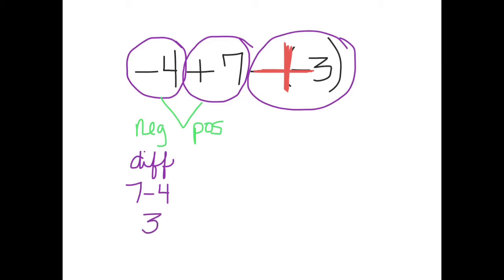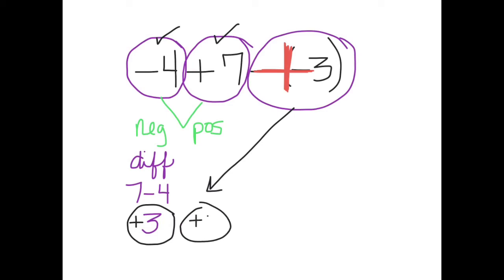Keep the sign of the bigger number. Tell me which number is bigger, the negative 4 or the positive 7. And we're just looking at the absolute value, just the number. 7 is larger and it is positive. So I really have a positive 3, and then I bring down my next term and a positive 3.